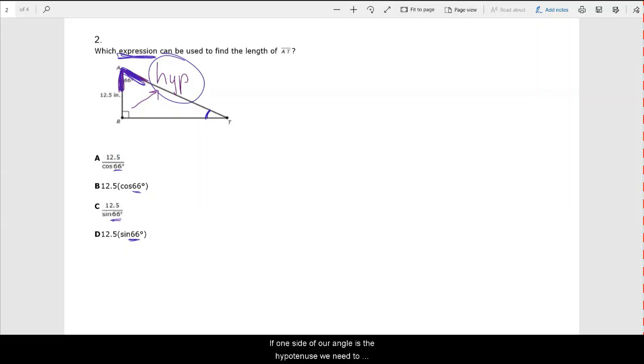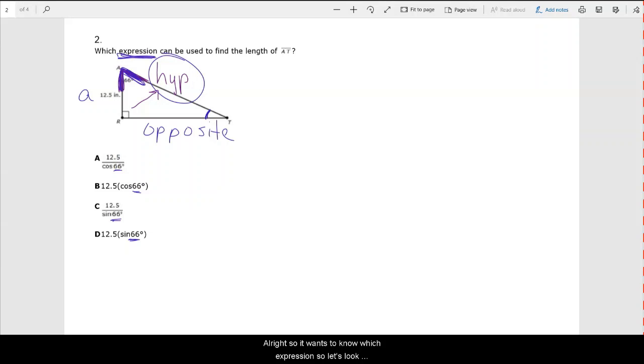If one side of our angle is the hypotenuse, we need to remember that our remaining side is always adjacent, and the side that is not highlighted or colored becomes opposite. It is very important that you pay attention and label the triangle after you've identified your angle.